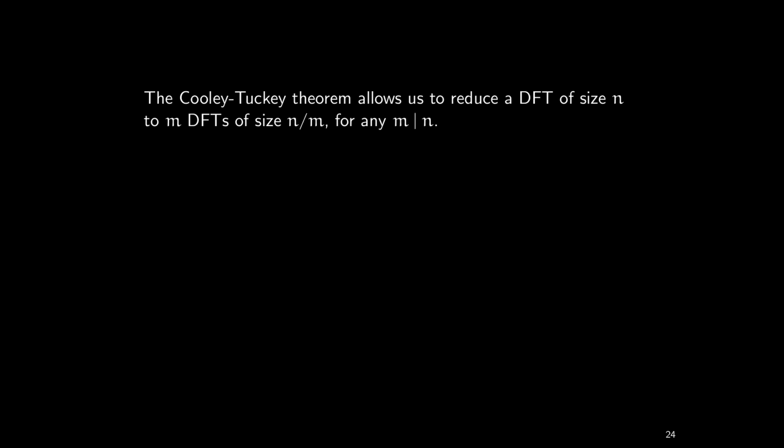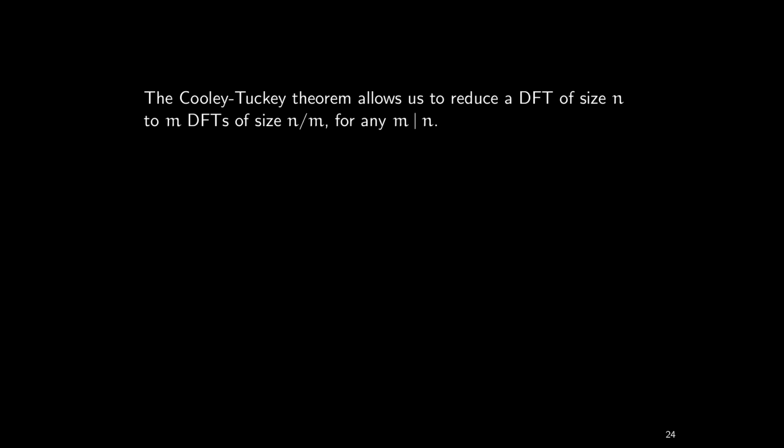So let's look at an additional aspect of the DFT. We have seen this theorem of Cooley and Tukey that reduces the DFT of size n to m DFTs of size n over m whenever m is a divisor of n.